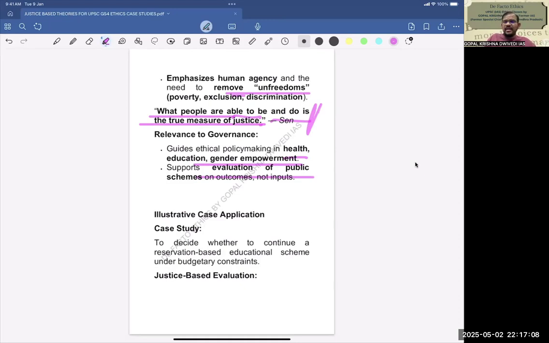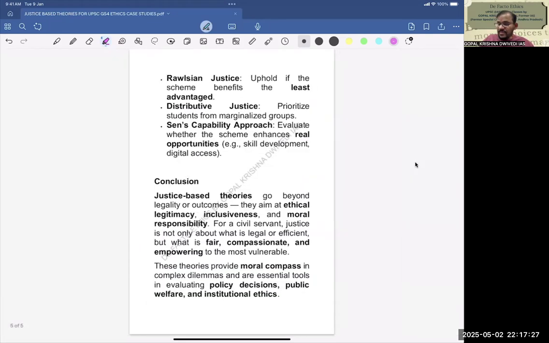Now, let us understand the whole thing by a case study. The question is whether to continue a reservation-based educational scheme under budgetary constraints. This is, let us say, an ethical dilemma or case study which has come. Now, what is the evaluation based on justice ethical theory? Rawlsian justice says, uphold if the scheme benefits the least advantaged.